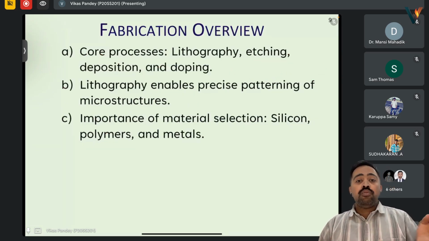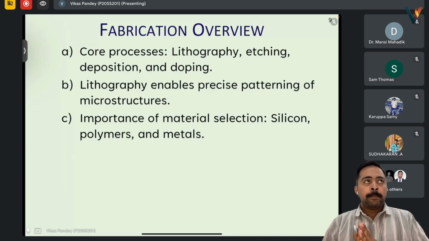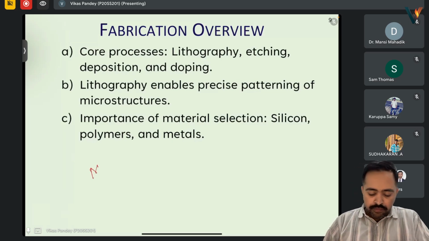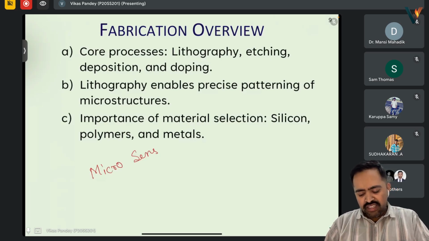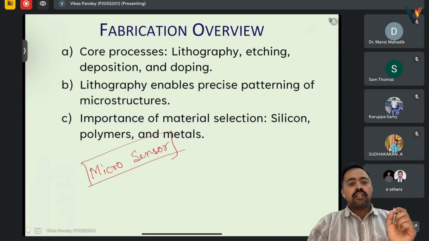But how are such devices fabricated, how are these devices made, if we talk about MEMS or micro sensors, say micro sensors for simplicity, micro scale sensors, right?